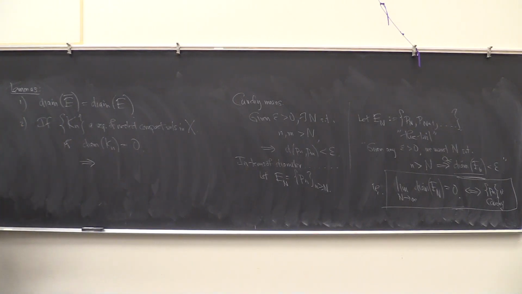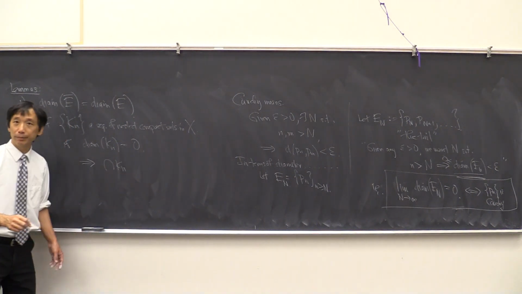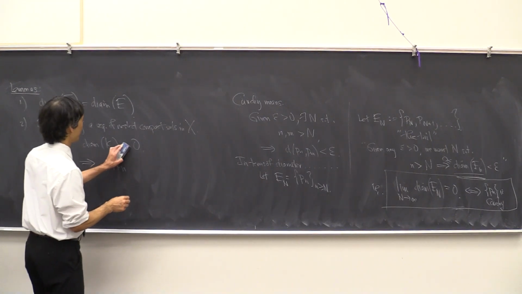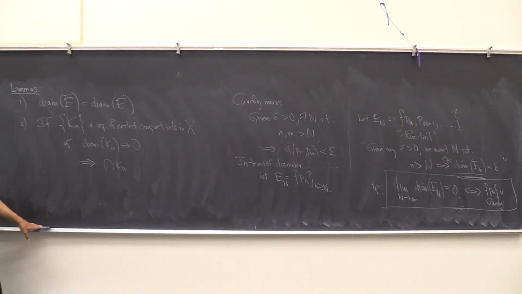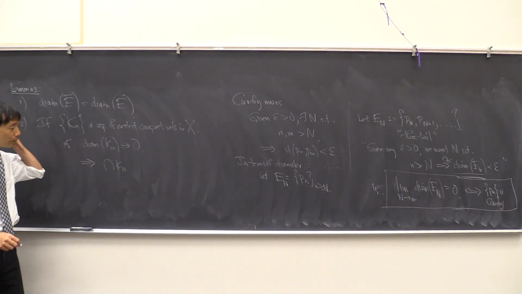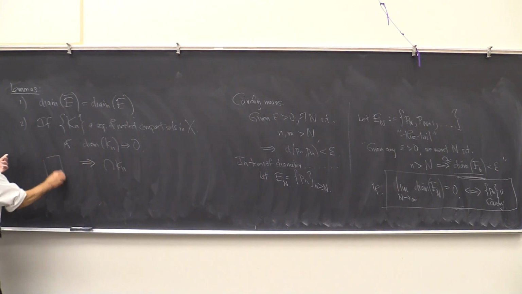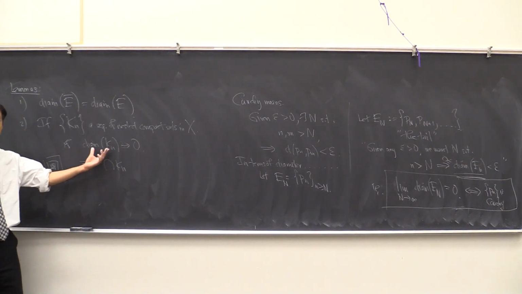then the intersection of the K sub n, what am I going to say? Should that be the diameter goes to 0? I'm sorry, yes, thank you. You have a bunch of compact sets, and the diameters of them go to 0.